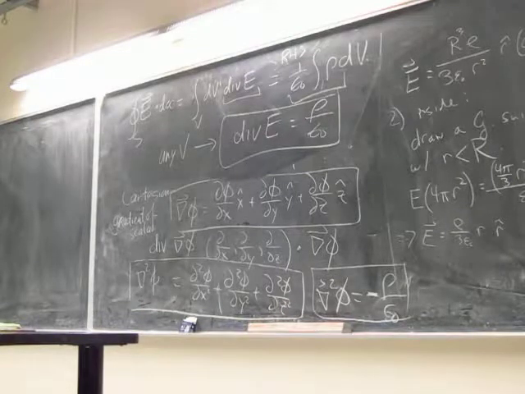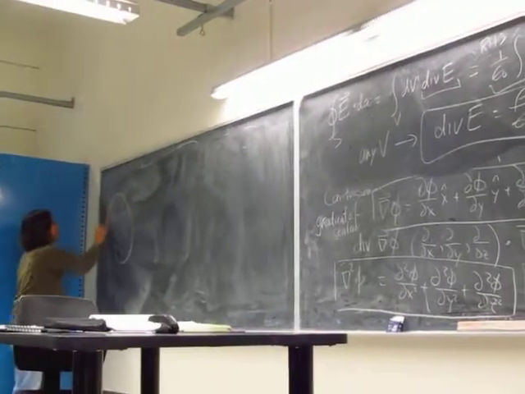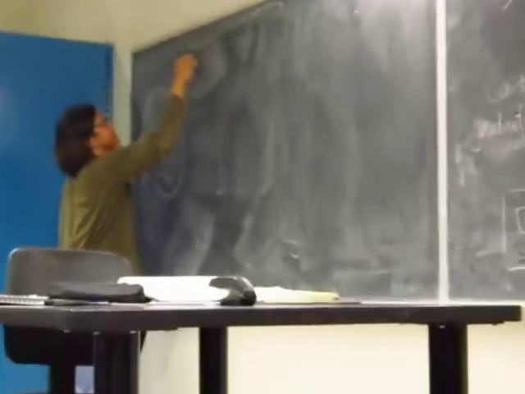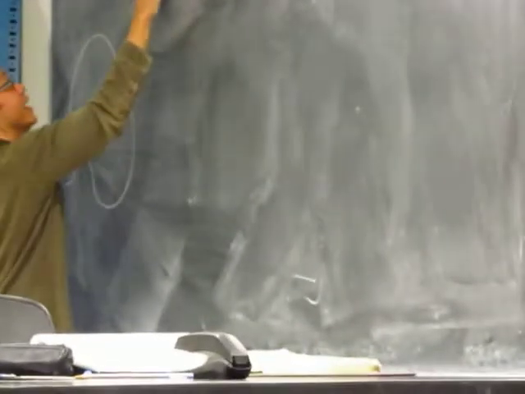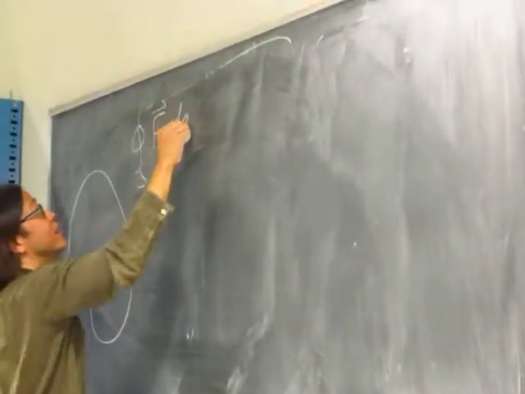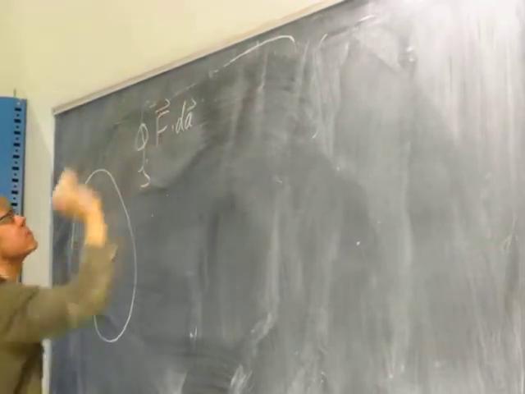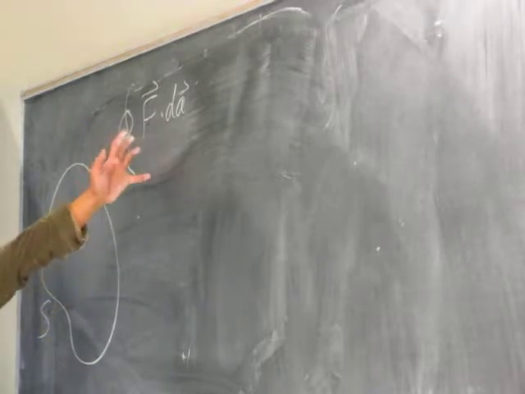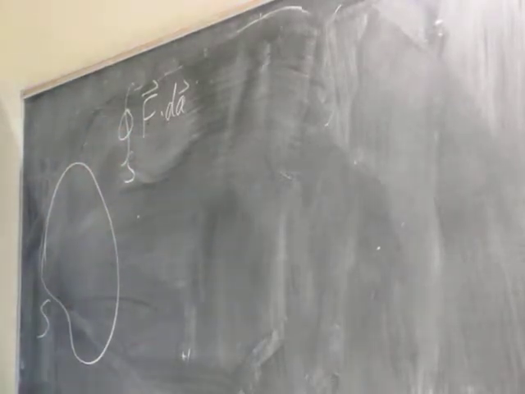I'm going to try this as quickly as possible. Take any surface. I want to evaluate this integral over the surface of F. I'm calling it F because this is general, it doesn't have to be the electric field, as long as the function is well-behaved.